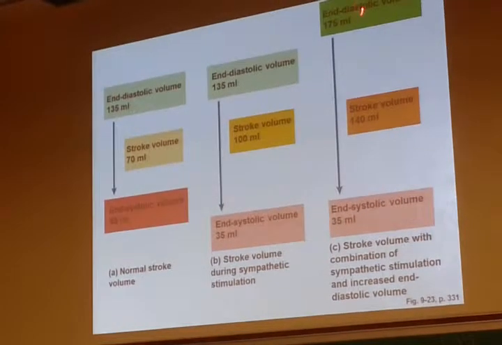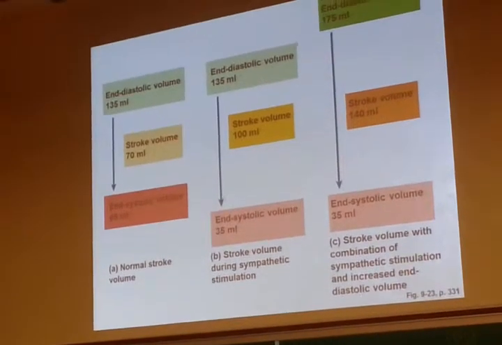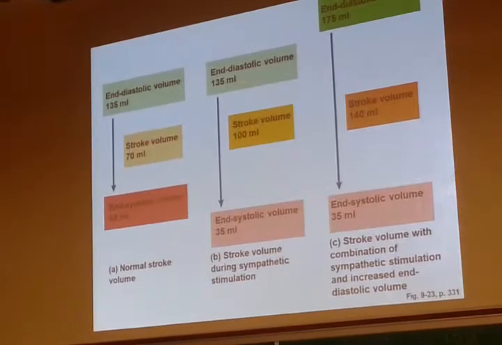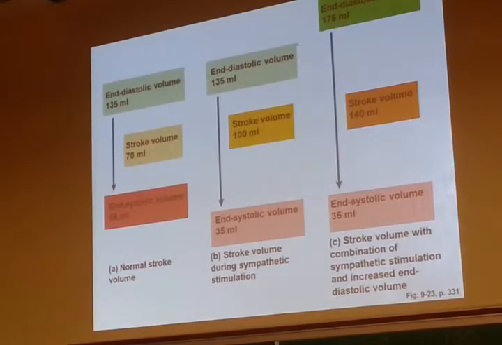End diastolic volume, now instead of 135, we increase it. When you increase this first stroke volume going out on the left side of the heart, eventually those volumes that you put out with each heartbeat are going to get back to the venous side, and you're going to start to see an increase in venous return.